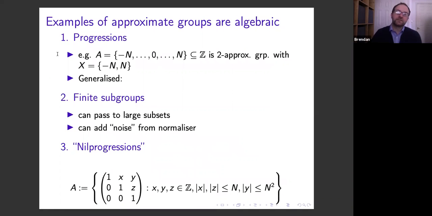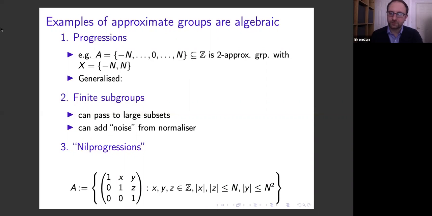Okay, so some examples. The simplest example probably is a centered arithmetic progression. If we take the integers from negative n up to positive n, then if we sum the set with itself, we get integers from minus 2n to 2n, and so we can cover the sum set by 2 translates.